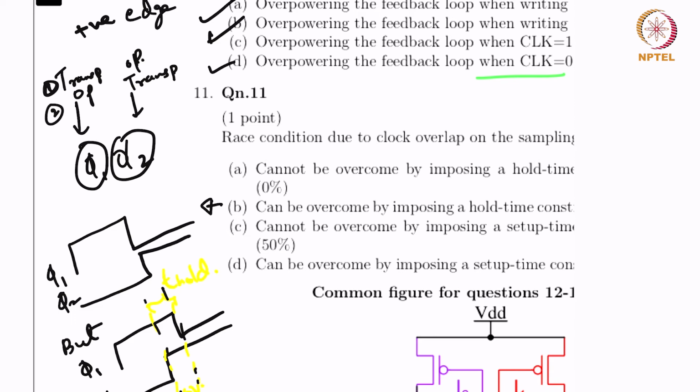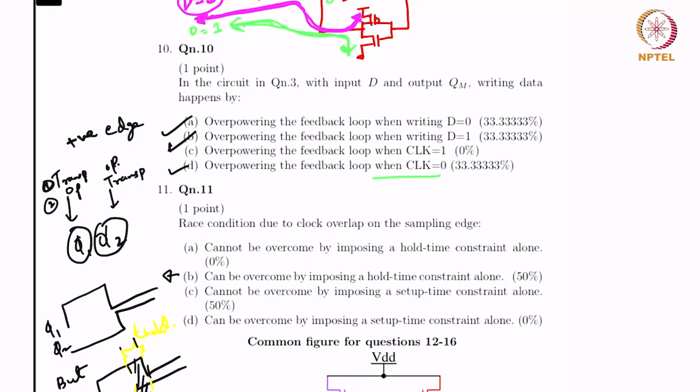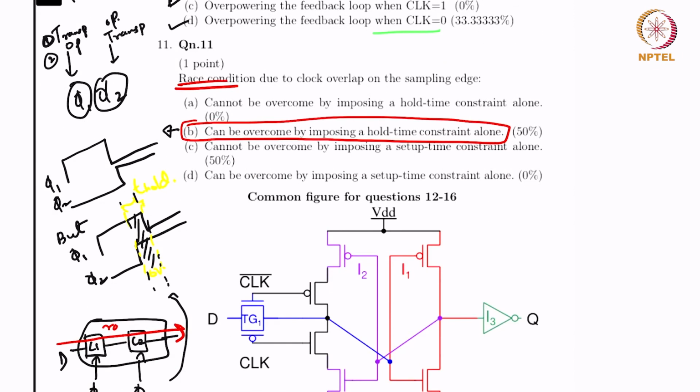When there is an overlap, all that will happen is both of these latches L1 and L2 are turned on during this phase, and the data that is here just rushes or races through and goes to the output. So all that we can do to control this is to impose a hold time constraint, and the race condition can be avoided. So this is called race through.